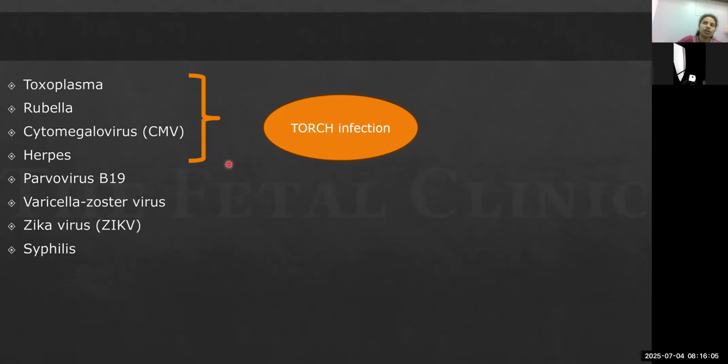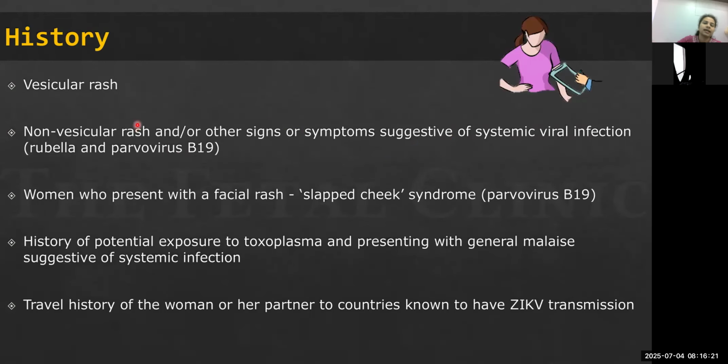So we have the TORCH infections, which stands for toxoplasma. The others include parvovirus, varicella, Zika, syphilis, cytomegalovirus, and herpes virus, and all these have some diagnostic signs on ultrasound, but not always. Whenever we evaluate a patient, history taking is important because our line of thought tries to narrow down on a single symptom, though we may have multiple ultrasound signs.